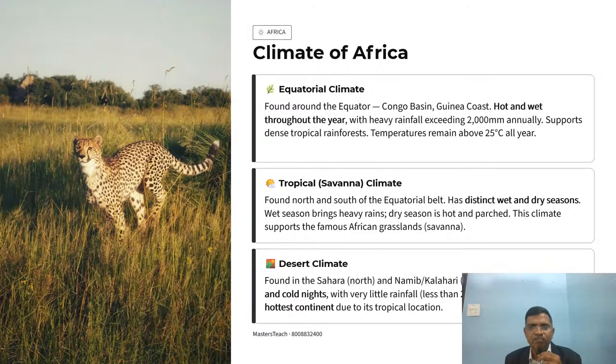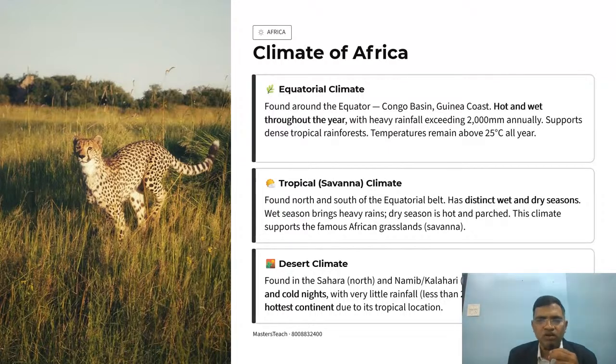There is equatorial climate, tropical savanna climate and desert climate. Equatorial climate is found at the equator, in the Congo Basin and Guinea coast, hot and wet throughout the year, with heavy rainfall, almost 2000 mm annually. It supports dense tropical rainforest. Temperature remains above 25 Celsius all year. That's the equatorial climate.